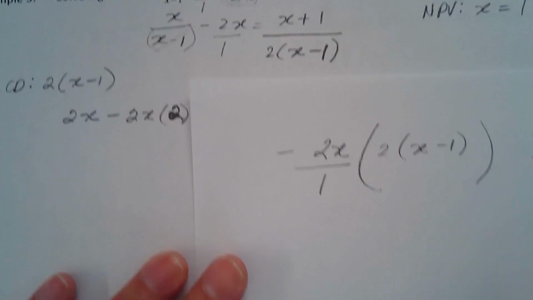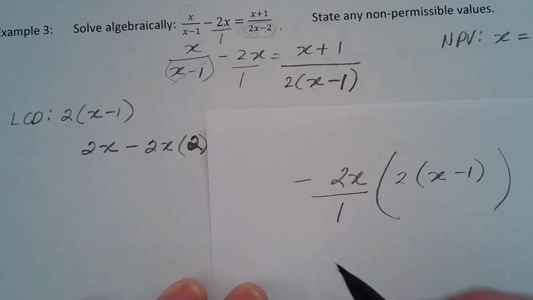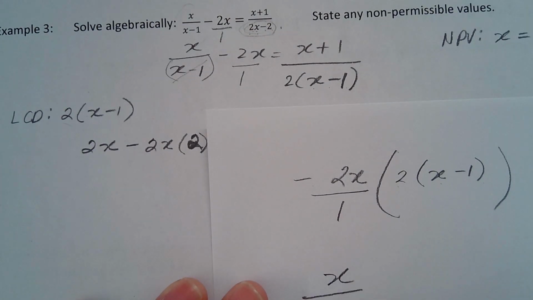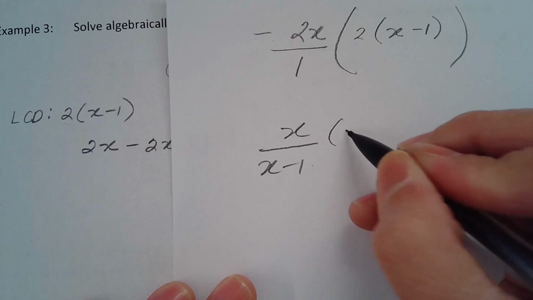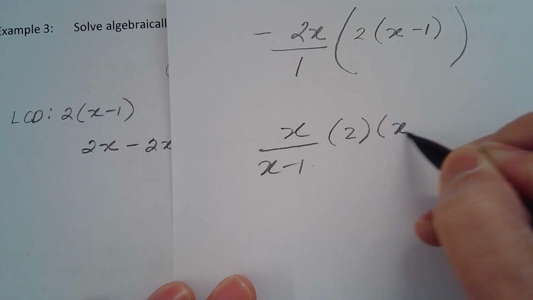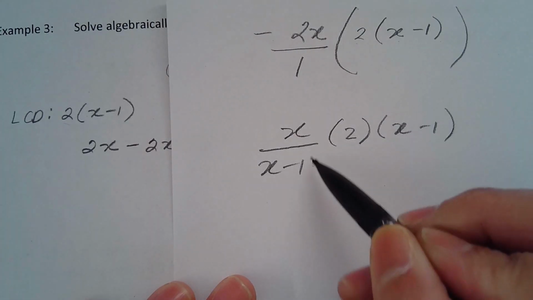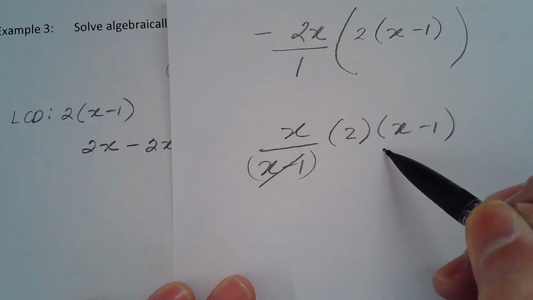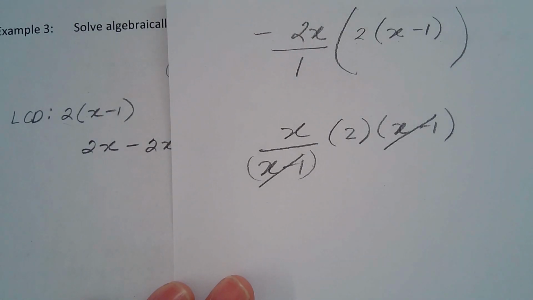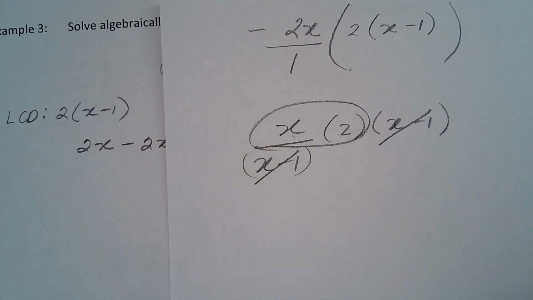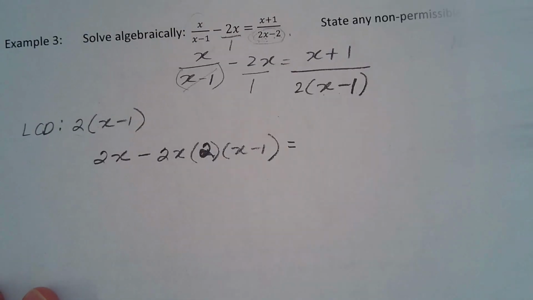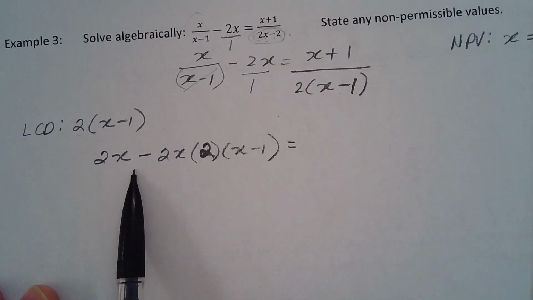And then let's try this one, x over x minus 1. And if I multiply that with 2 times x minus 1, the x minus 1s are common. We can cancel that out. So we're left with just 2 times x, which is that 2x there. Is that better or still?